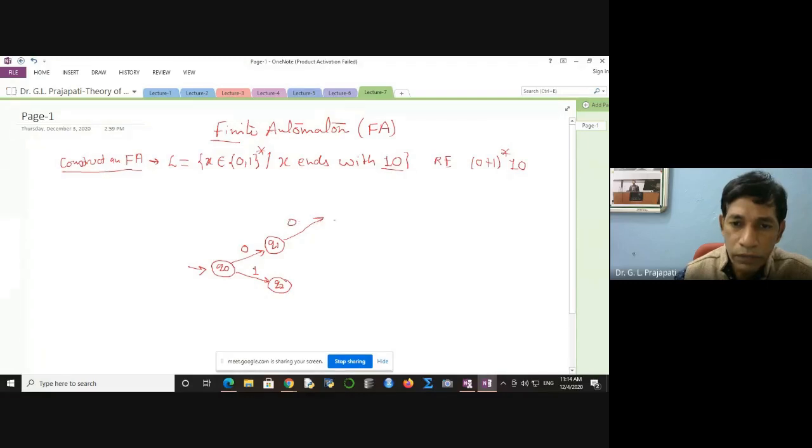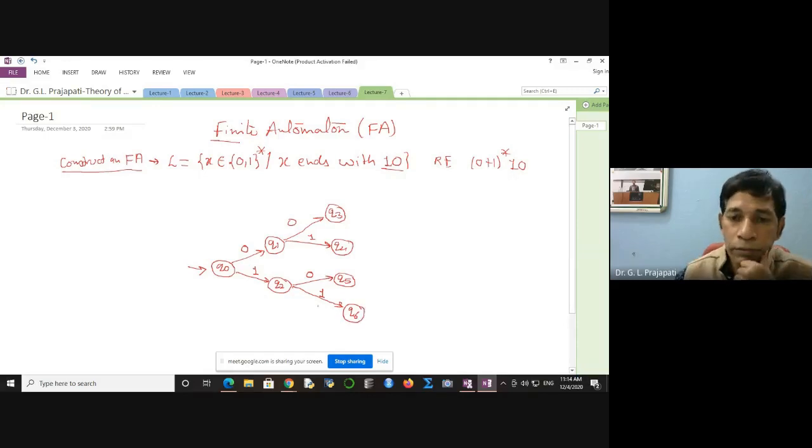You can have 0 and go to the state Q3, for example, and you have 1 and go to the state, say, Q4. From Q2 also we have this situation. Either you can have 0 and go to, say, Q5, and you may have 1 here and go to the state Q6.